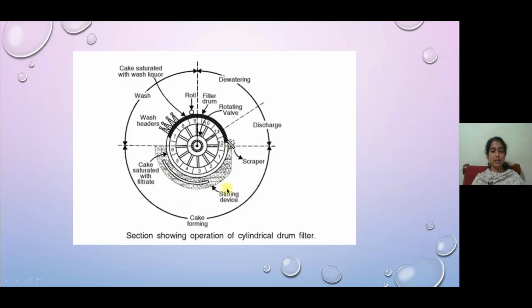Here you can see the stirring devices and the cake saturated with the filtrate, the filter layer, the filter drum, and the rotating valve. This is the operation of a cylindrical drum filter or vacuum filtration.